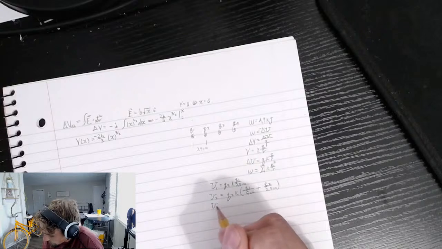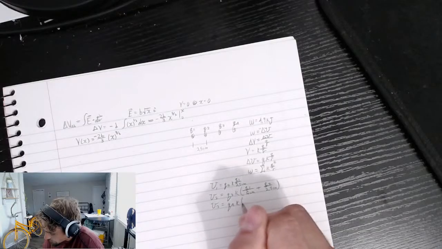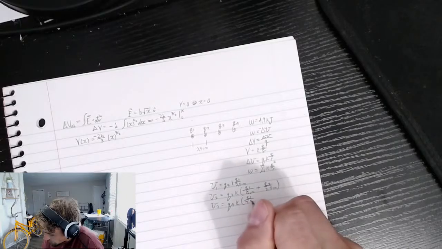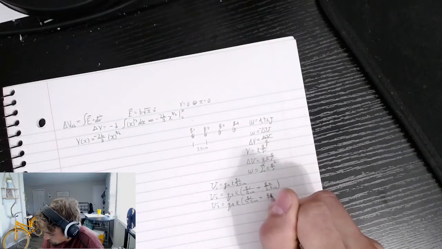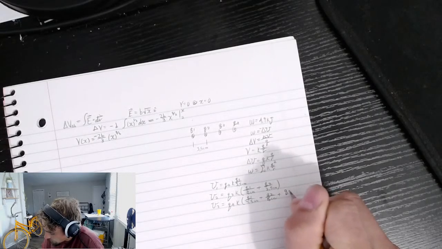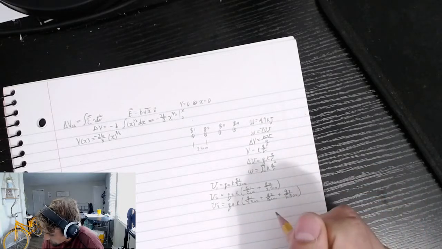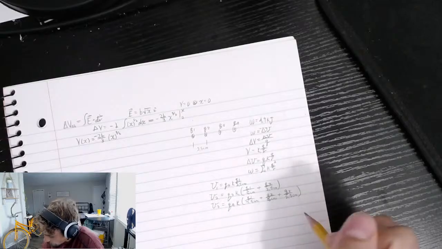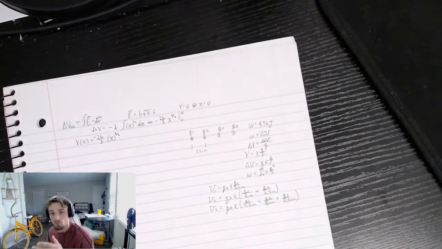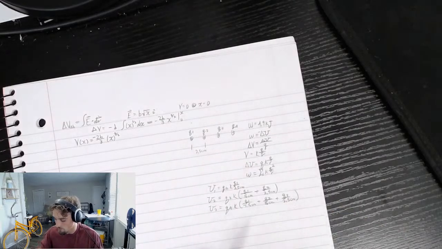U3 equals Q4 and the contribution from every other charge. So we have Q1 over 7.5 centimeters plus Q2 over 5 centimeters plus Q3 over 2.5 centimeters. All the Q's are the same, so labeling them wasn't necessary, but for the purpose of actually showing what I have going on here, it is important to recognize.